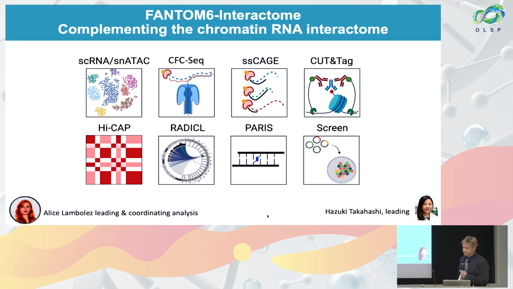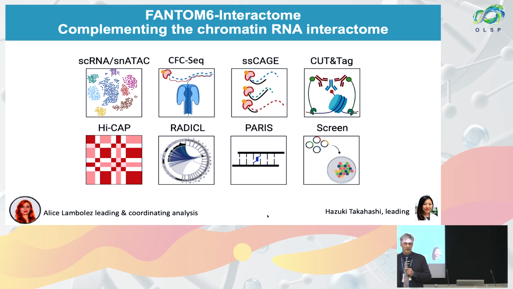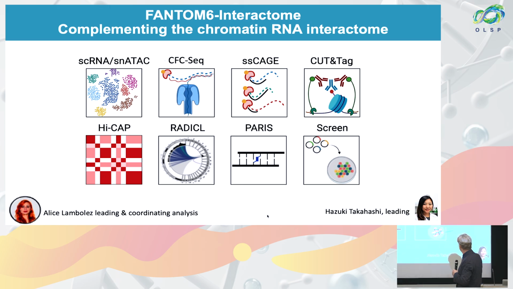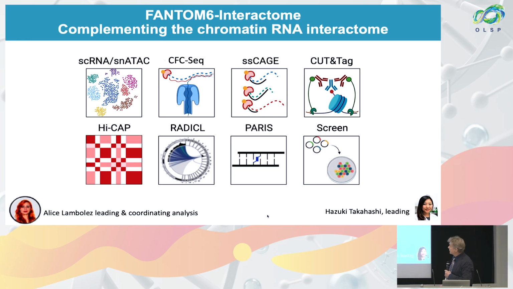So now we are at FANTOM 6, and a good part of this is not published. All of my colleagues are really working night and day to summarize this in papers. But we are producing multi-omics, essentially CAGE, and a method using full-length sequencing, but also on the Oxford Nanopore sequencing.